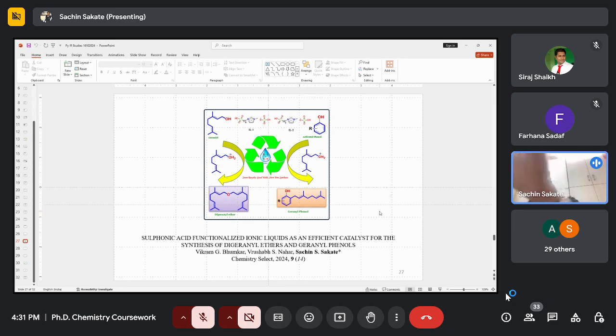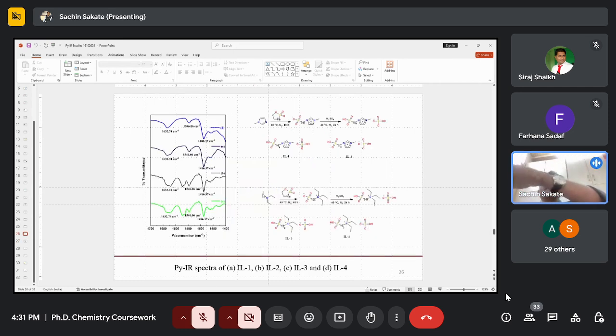But my point is, these Brønsted ionic liquids are used for this conversion, and this Brønsted acidity can be characterized by the pyridine IR technique. Now this is about the qualitative analysis.